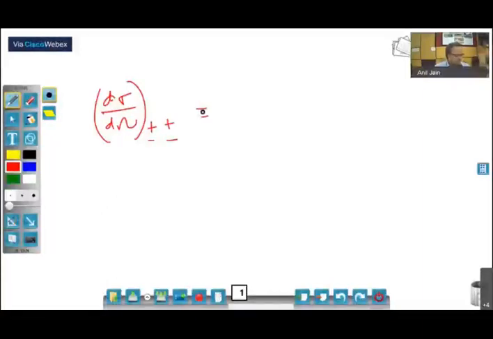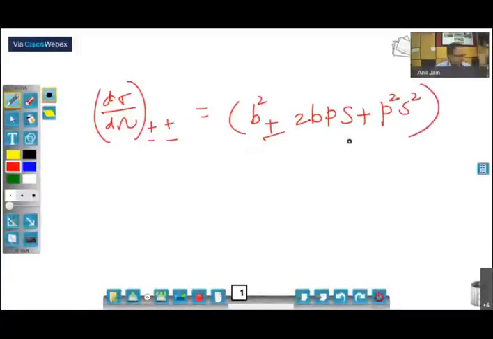It means there is non-spin flip scattering. You can write it as B squared, as in the previous expression B_m B_n star, plus minus 2bps plus p squared s squared. This becomes (b plus minus ps) squared.